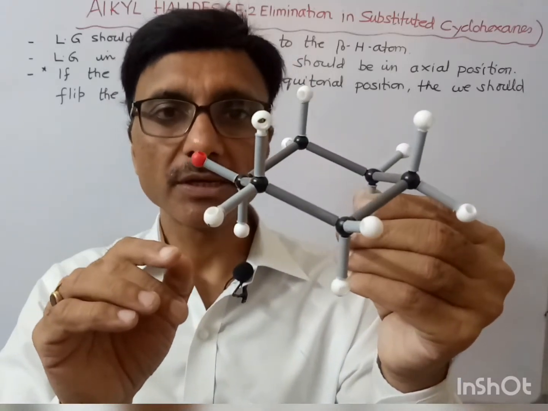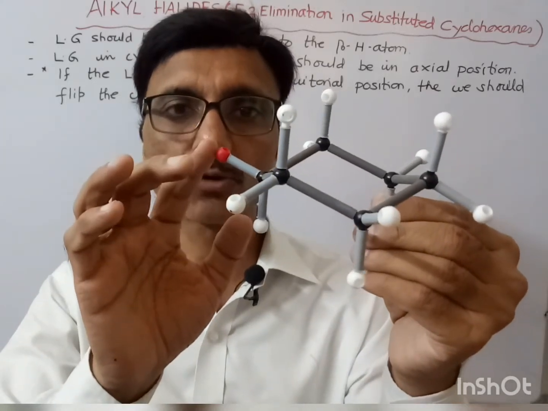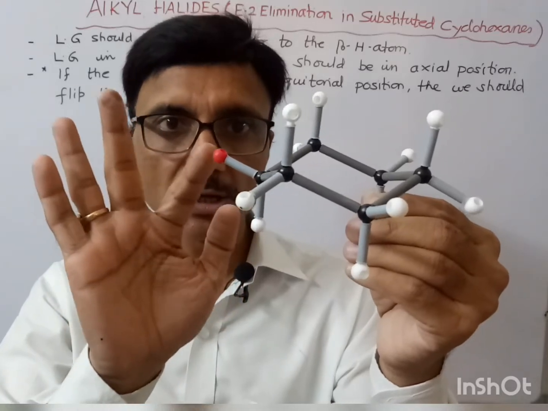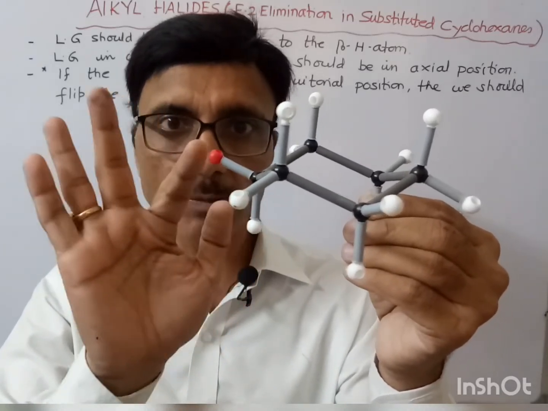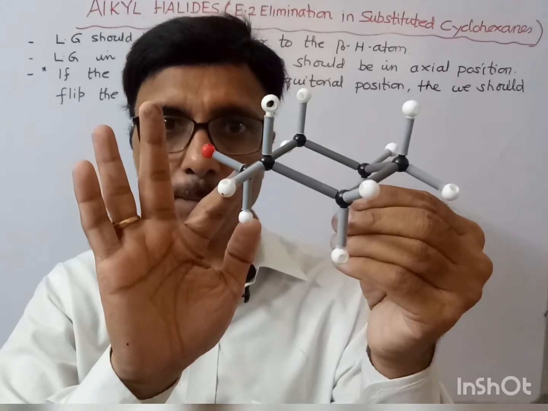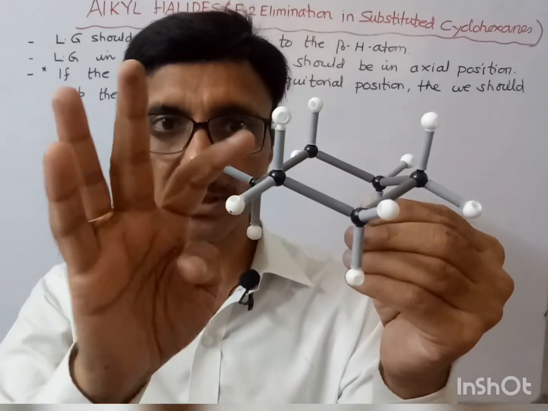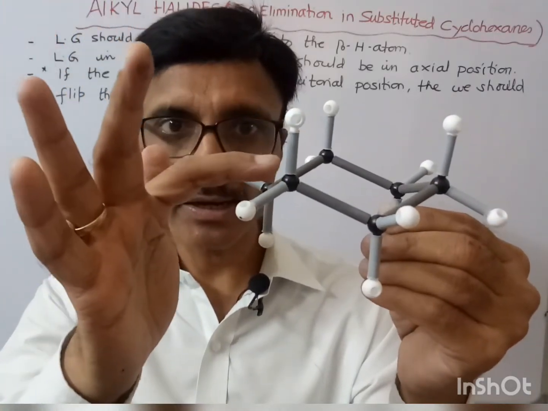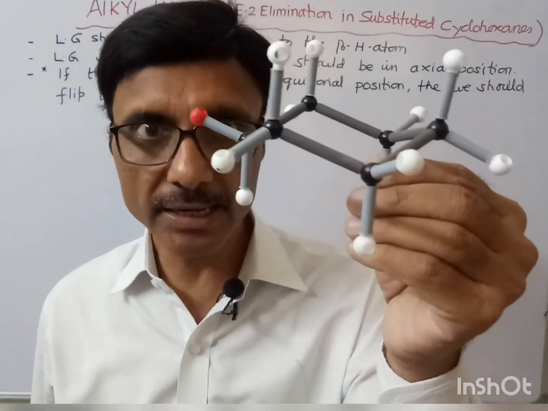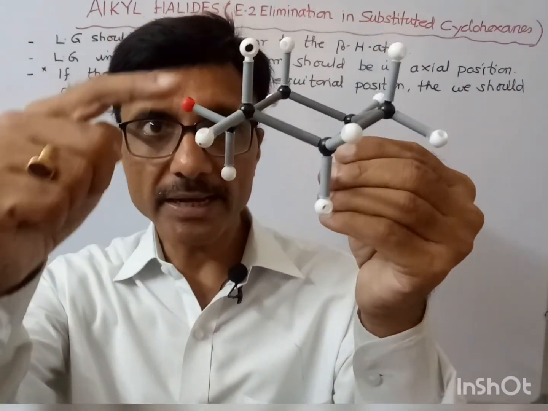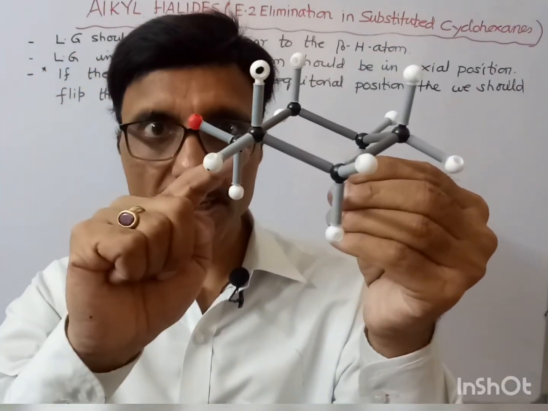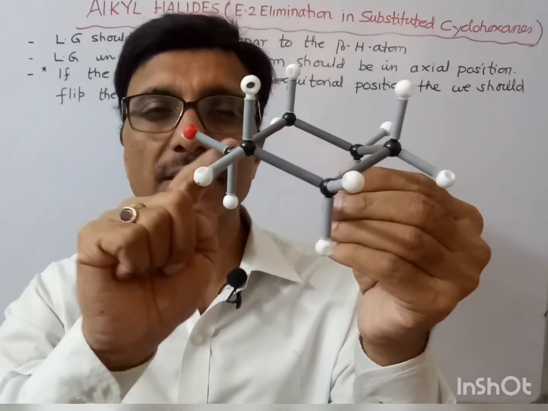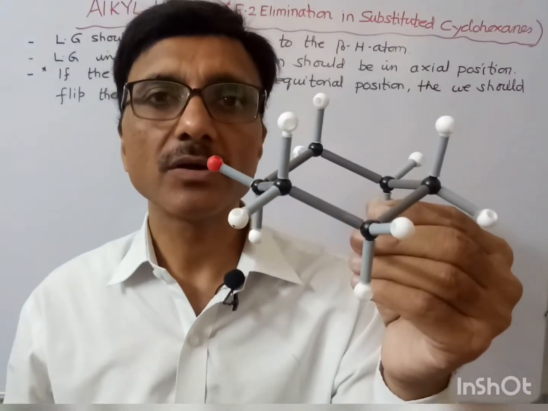So if you see, this is your bromine atom which is in equatorial position. To this equatorial bromine, there is no periplanarity with the beta hydrogen. Because this is going in this way, this hydrogen is here and this hydrogen is here. The dihedral angle to these two beta H is never 180 degree.